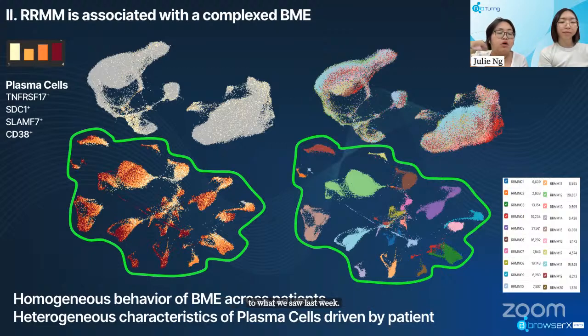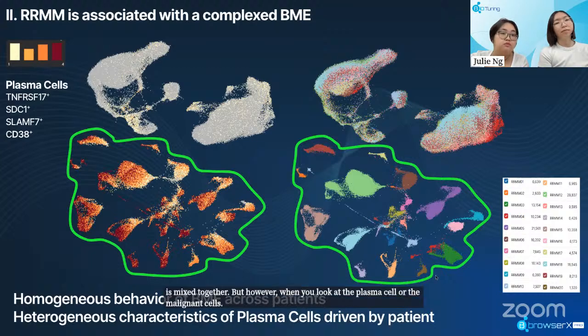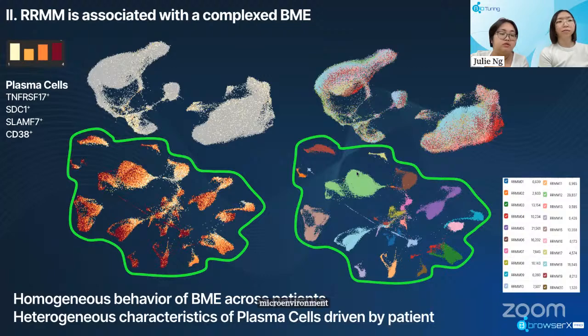In non-malignant cells, the different cell types in the microenvironment are the same in every patient, so the clustering is mixed together. But when you look at the plasma cells or malignant cells, similar to the head and neck microenvironment, each patient forms very specific clusters, suggesting that the plasma composition is distinguishable across patients.